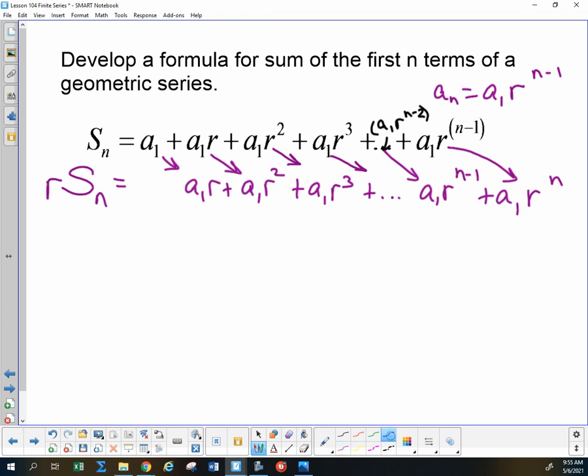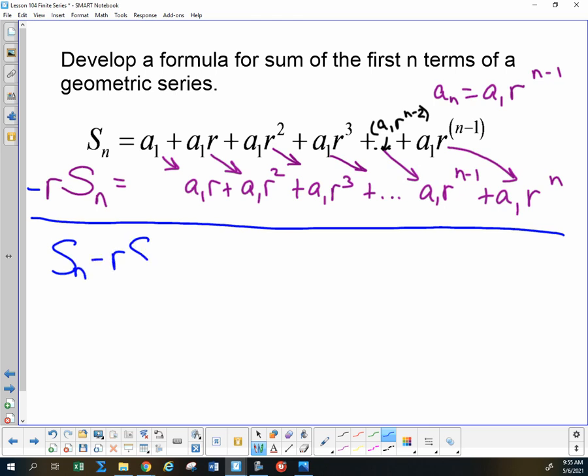Then what I am going to do is to subtract my rows. So on the left, I have Sn minus r Sn, or I could factor out the Sn times (1 minus r) if I wanted to. Now when I subtract all of these, a1 doesn't have anything that it cancels out with, so I have a1.